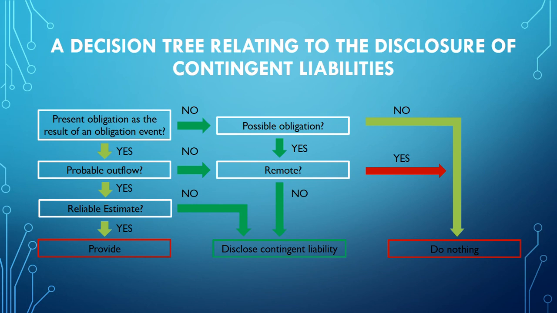Is there a probable outflow? Well, yes, there is, because McDonald's is now also acknowledging and trying to negotiate with Ms. Liebeck to reach a settlement. So there is a probable outflow here. And is there a reliable estimate? Well, she's saying it's 300,000. As a conservative approach, I would suggest that we provide 300,000 if I was the accountant for the company.